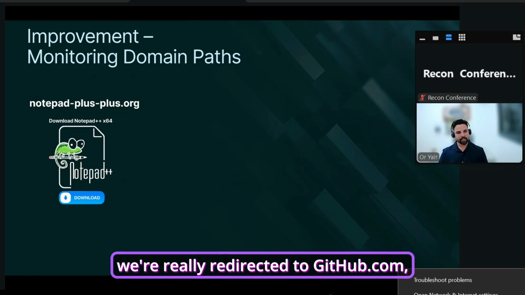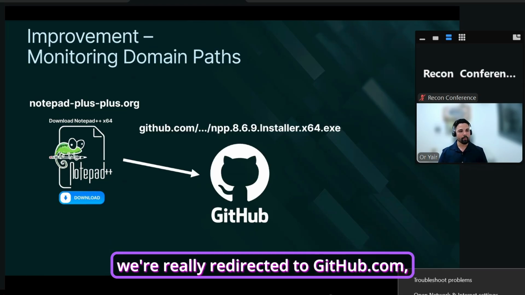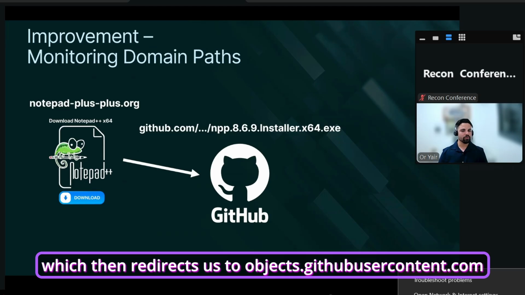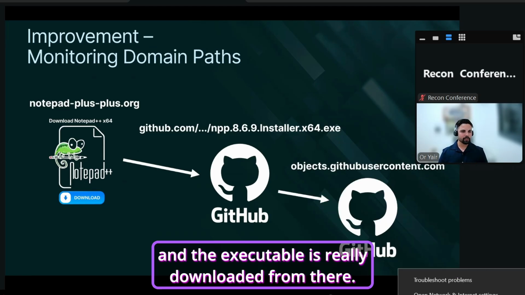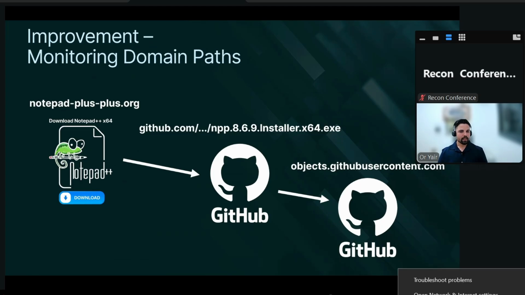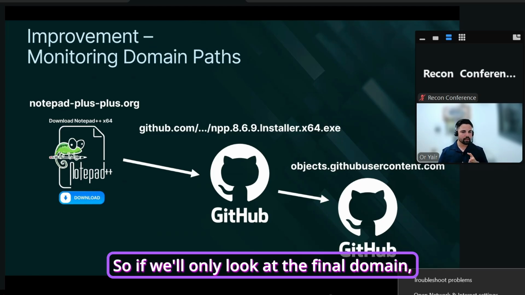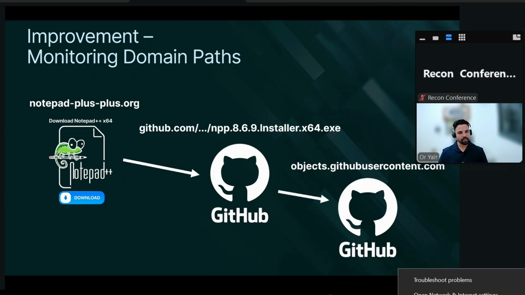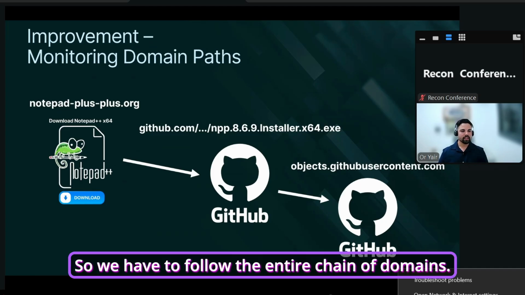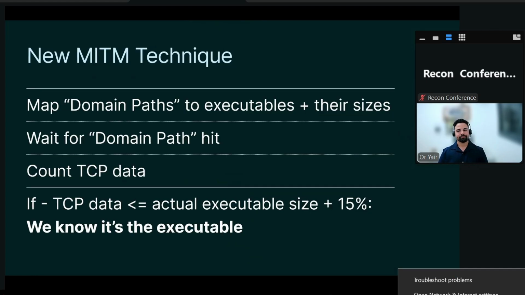We're redirected to github.com, which then redirects us to objects.githubusercontent.com, and the executable is downloaded from there. So if we only look at the final domain, we won't be able to know that it's Notepad++. So we have to follow the entire chain of domains.